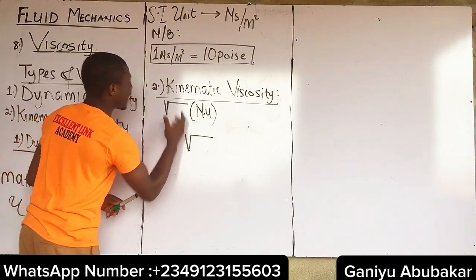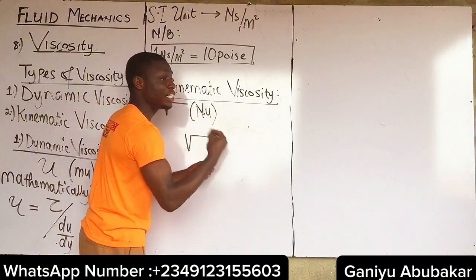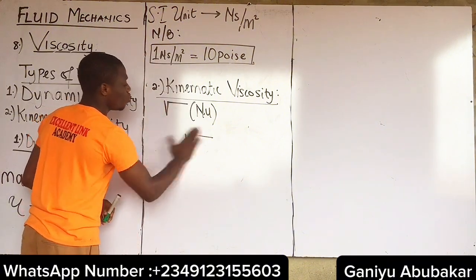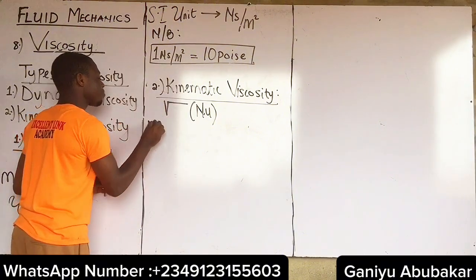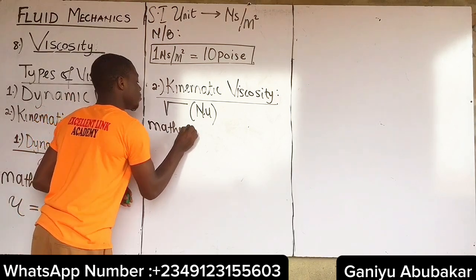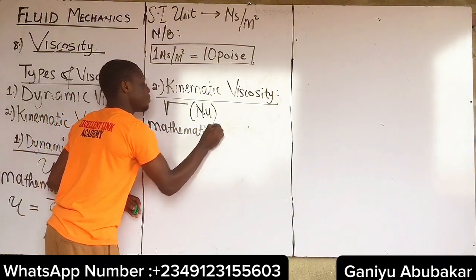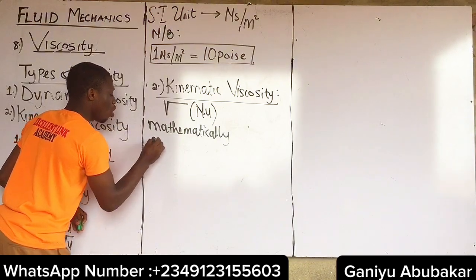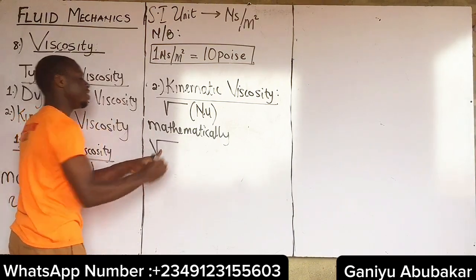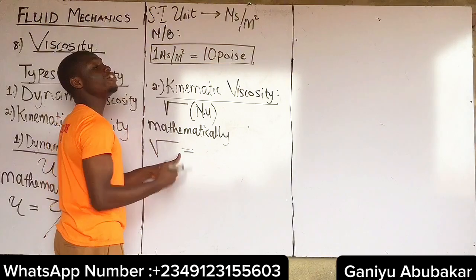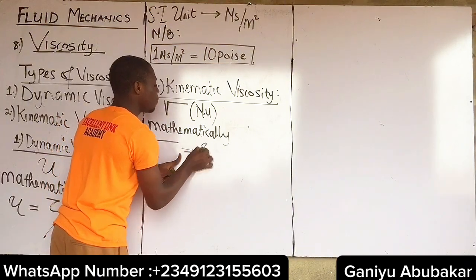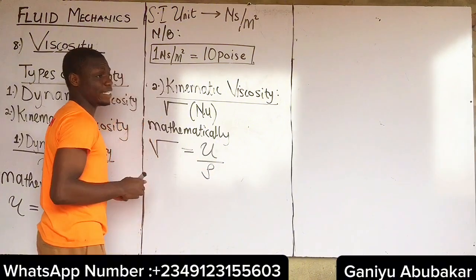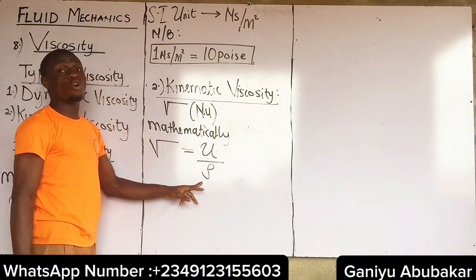So mathematically, nu, also known as kinematic viscosity, is equal to the ratio of dynamic viscosity to its mass density. Don't forget, this is a Greek symbol called rho.